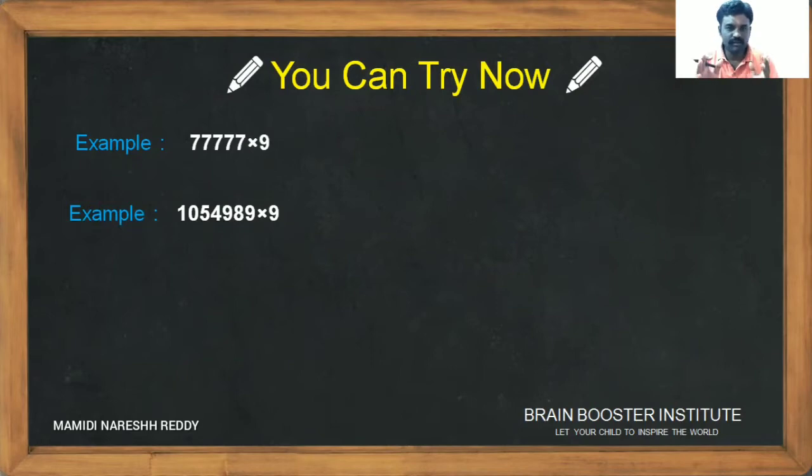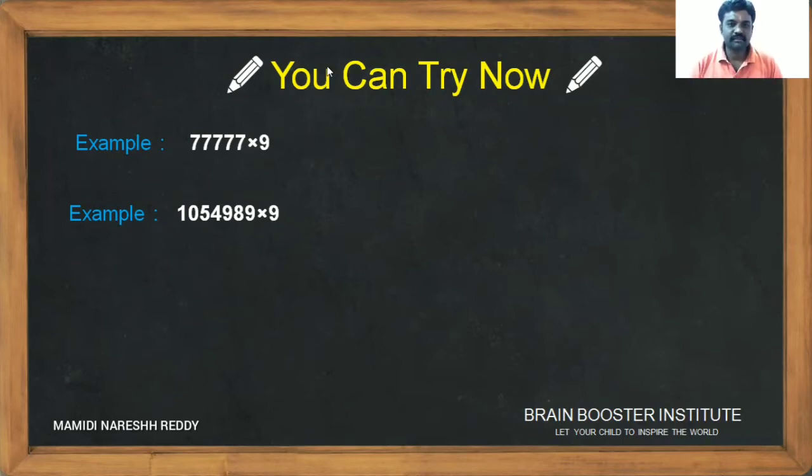Just solve it within seconds. Better not to use a pen or paper, or if you are a beginner, first practice with pen and paper, then do the whole calculation in your mind. Don't forget to comment these answers now.